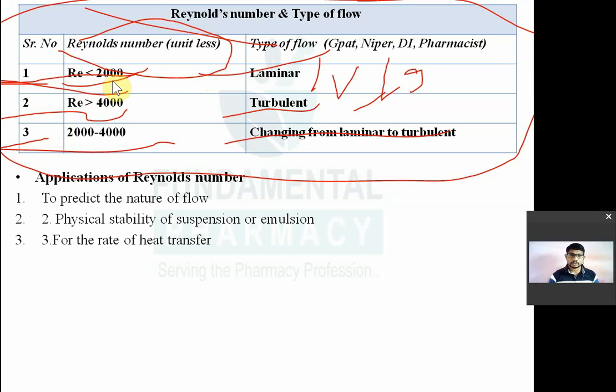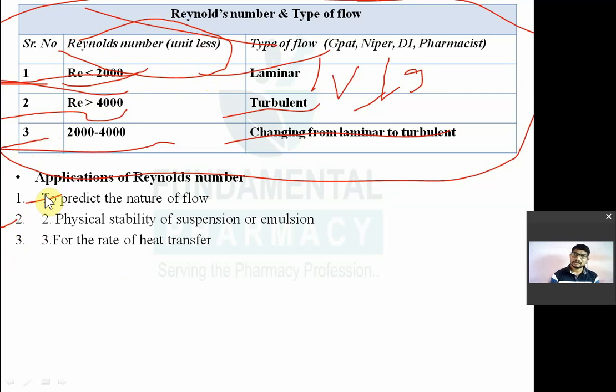Remember. Now, what is the application of Reynolds number? To predict the nature of flow, whether it is streamline flow or turbulent. So you can predict the nature of flow using this Reynolds number. Then physical stability of suspension and emulsion. What is suspension?